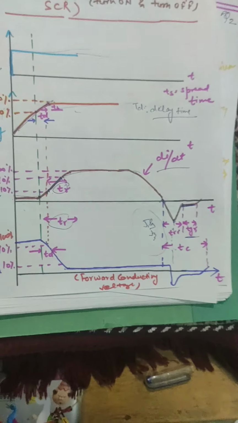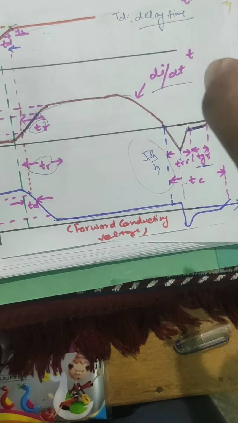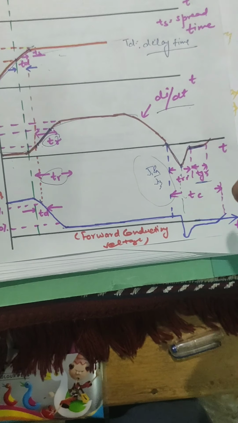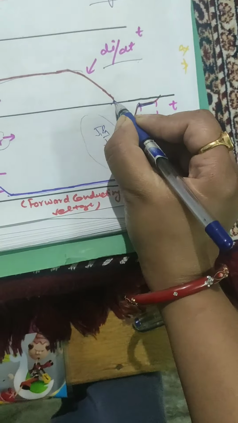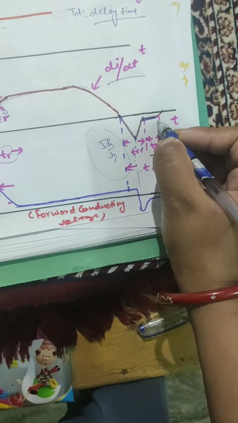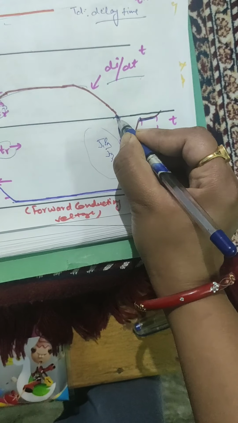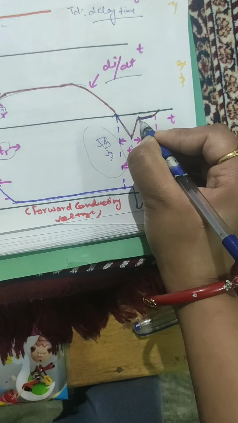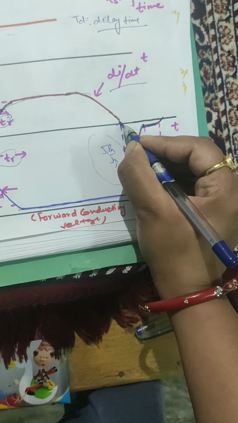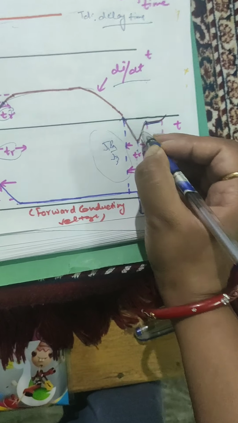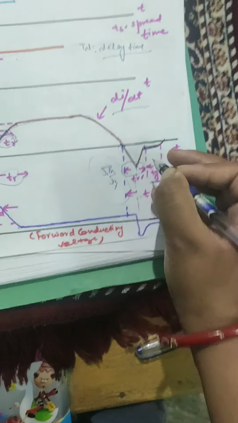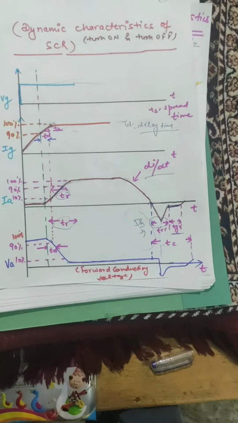The time from 0 to a certain value is called reverse recovery time.